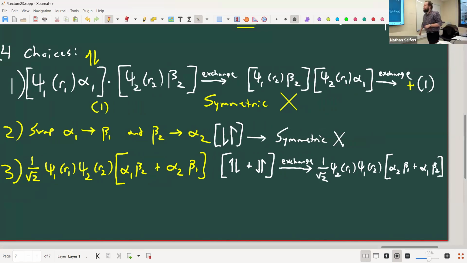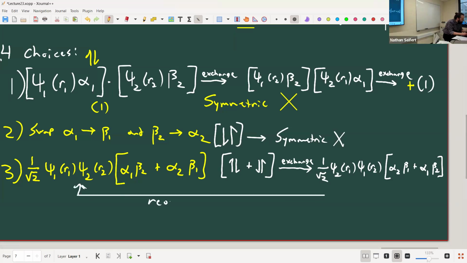It's not too hard to see that all I've got to do is just rearrange these terms like this, and I get this one. It's just a reordering. So all I have to do is just reorder this. And so it's symmetric. All right, so that doesn't work. All right, hey, but there's one more. What if I take the negative?